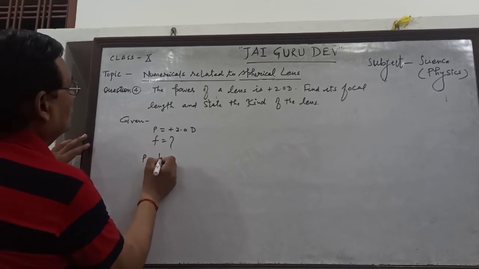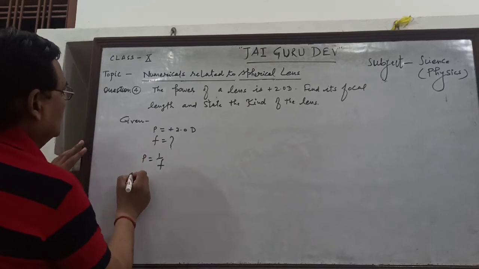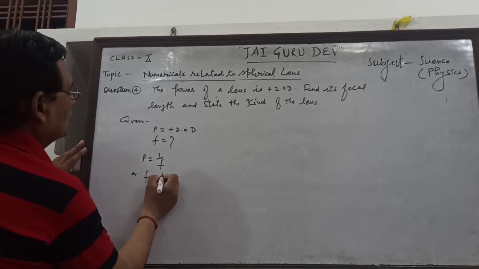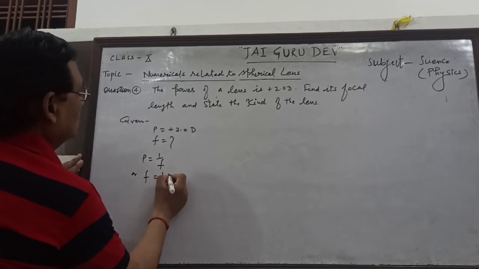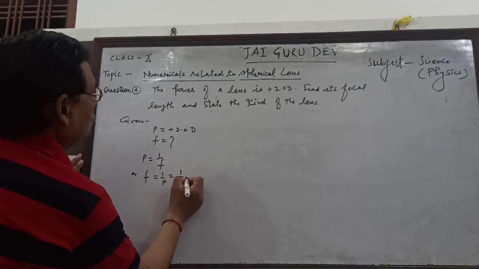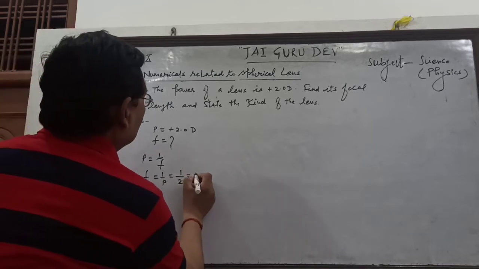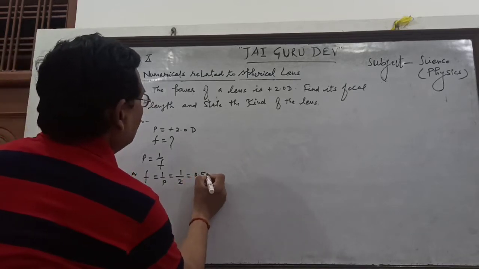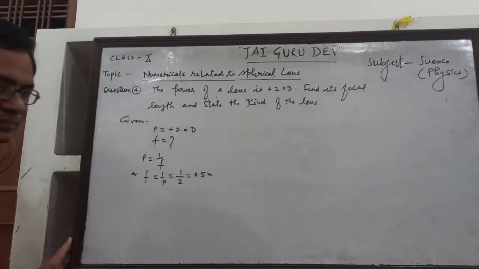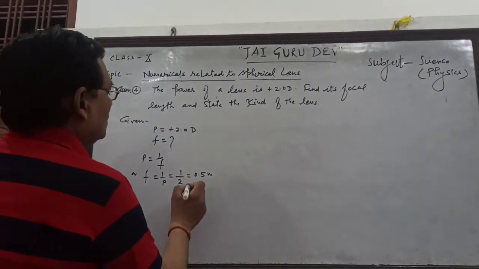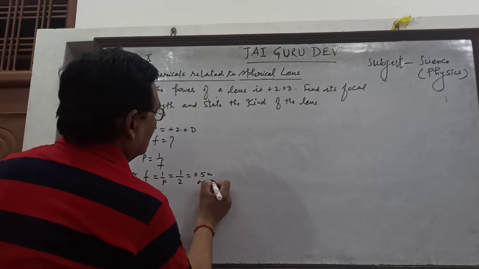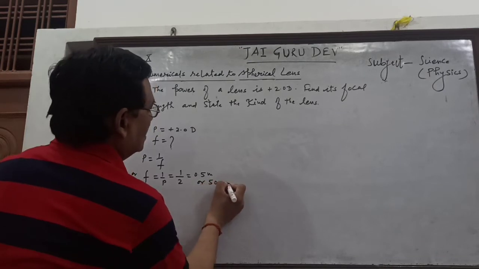P is equal to 1 upon f, or f is equal to 1 upon P. So 1 upon 2 is equal to 0.5 meter, or we can write 50 centimeter.